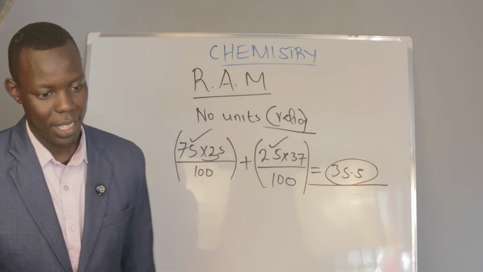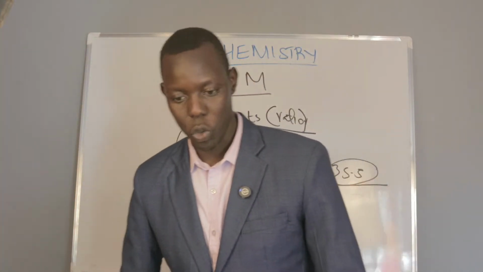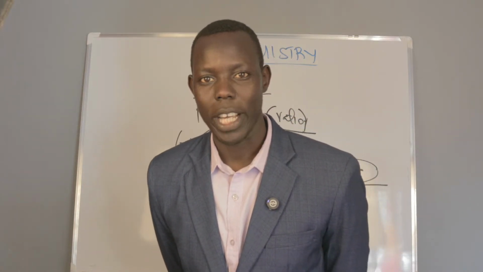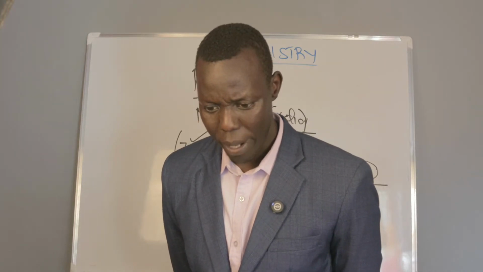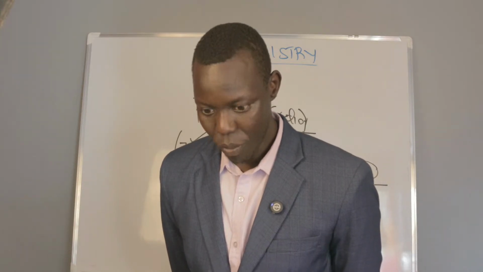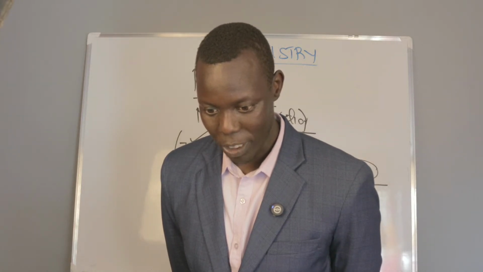I'm pasting the question there. Let me read the question for those whose phones, tablets, laptops and computers don't have the chat section. The question reads, an element X has isotopes of mass 22, 24 and 25 with percentage abundance of 89.6, 6.4, and 4.0 respectively.